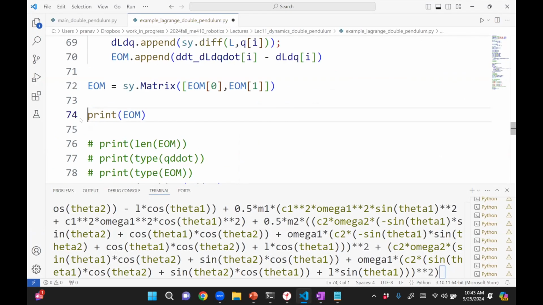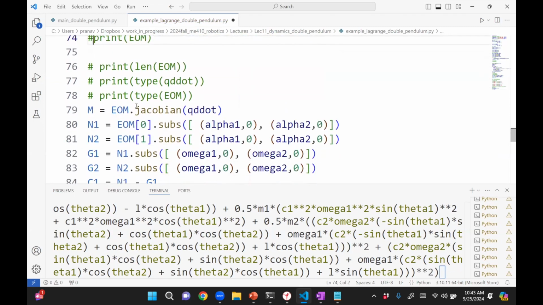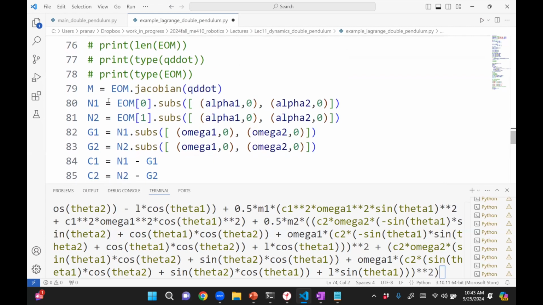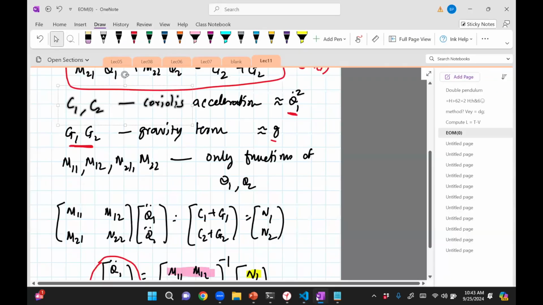So to get the mass matrix, there's a trick which is just take the Jacobian. Then compute the N1, N2. I just put alpha 1, alpha 2 to 0. So if I put theta 1, theta 2 both 0 on the left side, then I'll immediately get N1, N2.